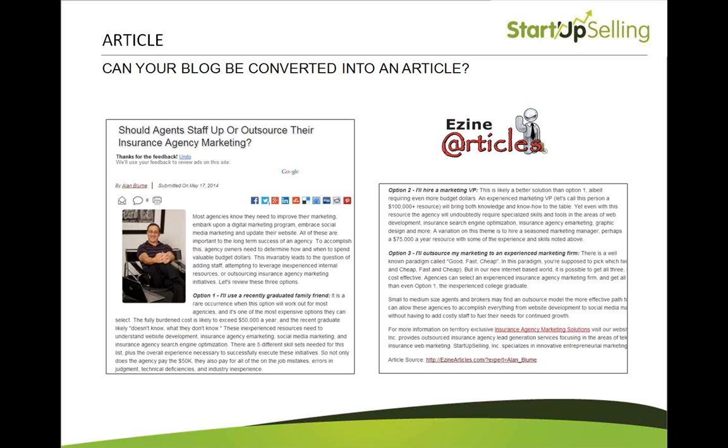Now, if you don't have time to do this, it's an excellent thing to consider outsourcing for your agency. If you do like to write, then certainly at a minimum you can write blogs, but if you can turn your blog into an educational article of 400 words or more, you get bonus points.